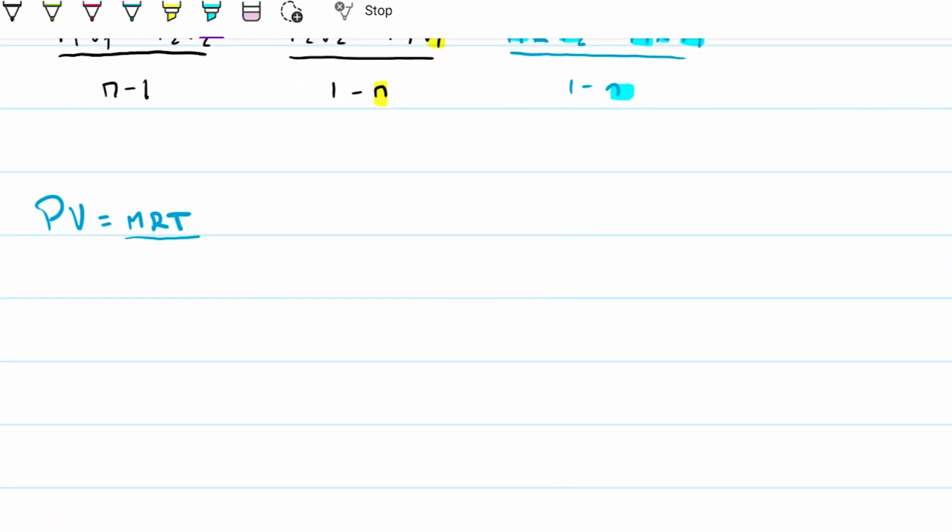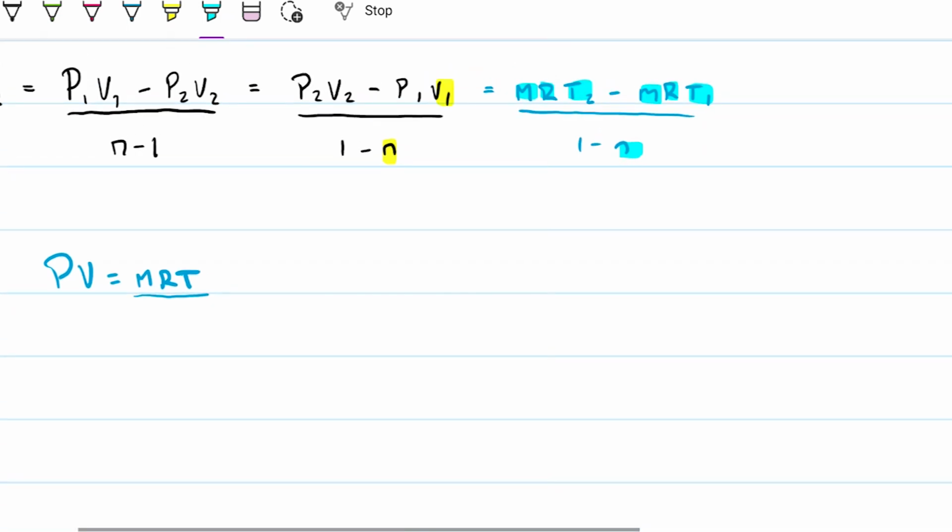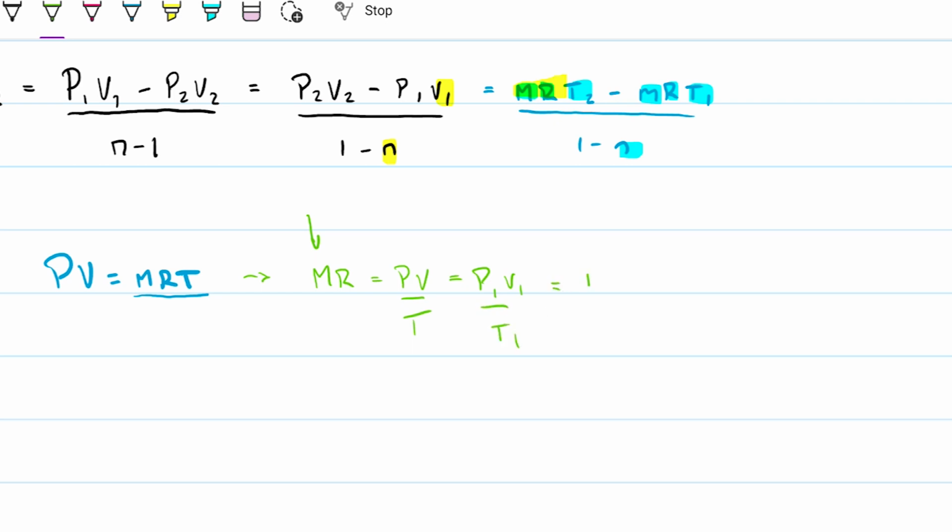Fewer unknowns. And as a matter of fact, if I am missing this term here, what I can do is use this relationship again, because if I want to know mR, all I need to do is PV divided by T, right? And for state 1, because there's no mass leaving or entering the system, P1, V1, T1 has to be the same as P2, V2, T2.